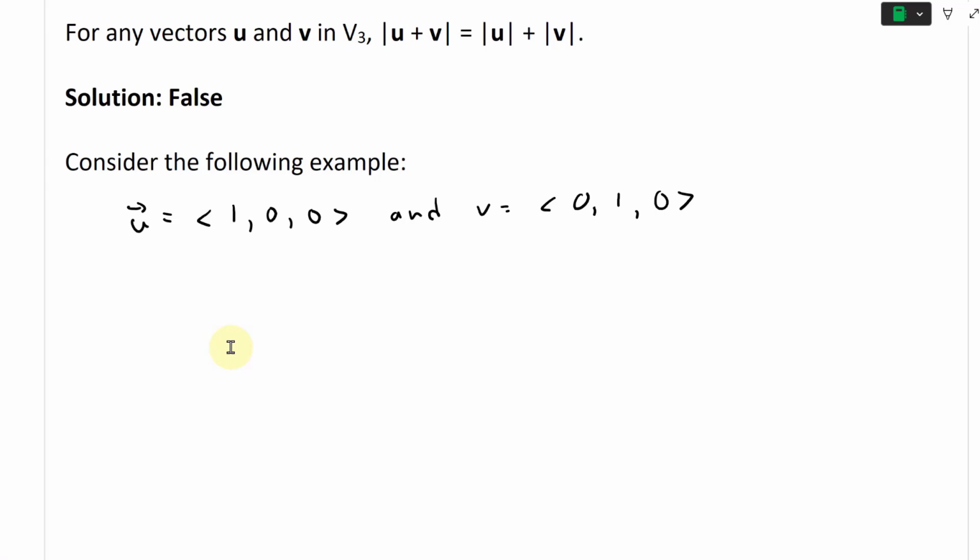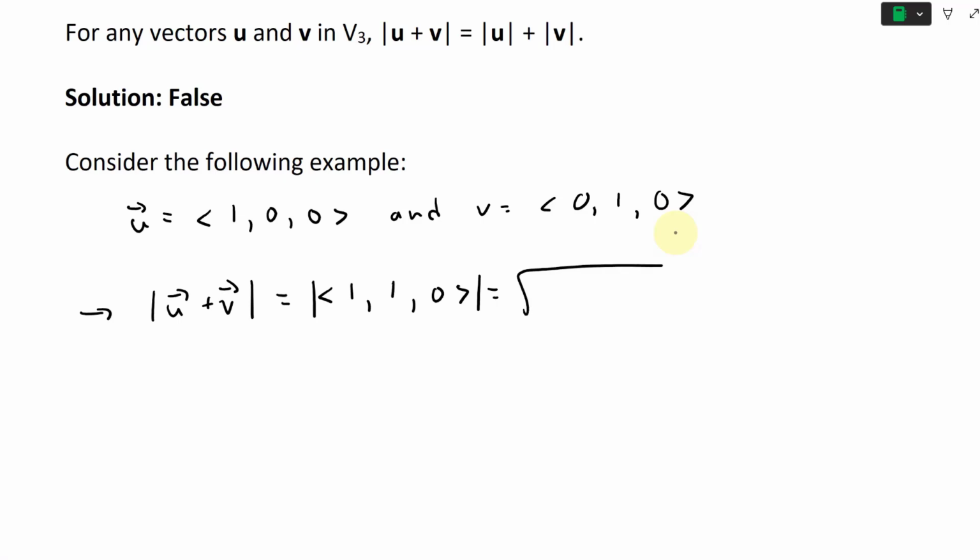So if we do the distance formula on u plus v, let's just add these up first. 1 plus 0 is 1, 0 plus 1 is 1, and 0 plus 0 is 0. Now we're taking the distance of it. Recall the distance formula is just the Pythagorean theorem in 3D.